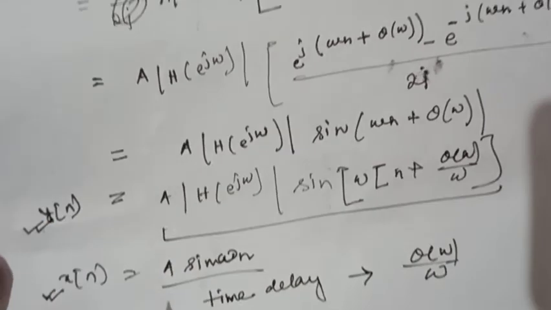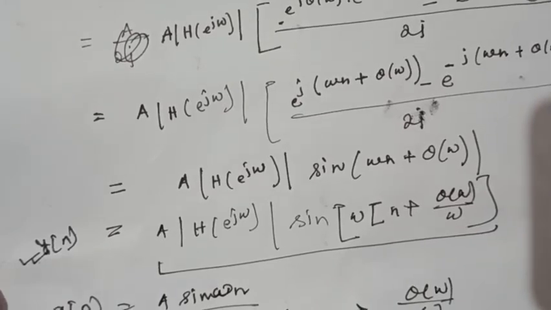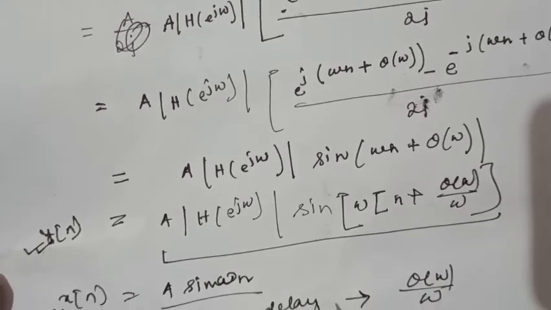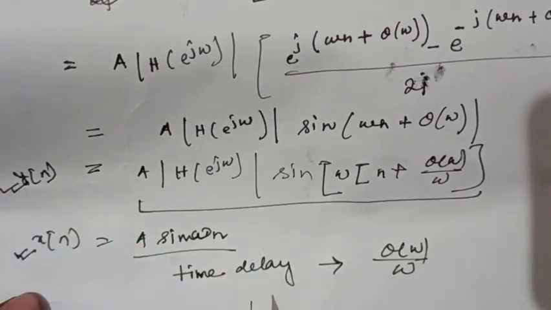Now in certain applications, this time delay of the signal passing through a filter, any kind of filter, is of more significance than the phase shift. Okay, so in terms of this input and output, we can say it is the time delay.